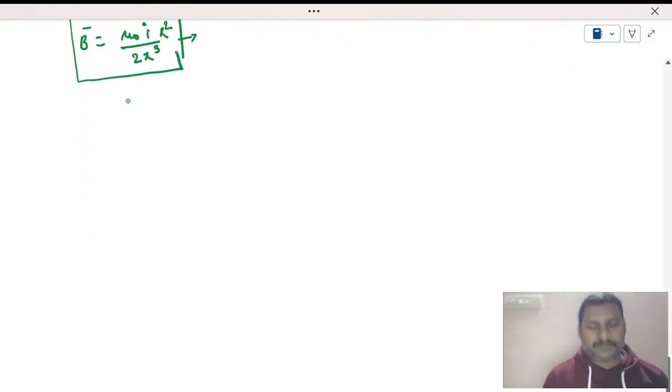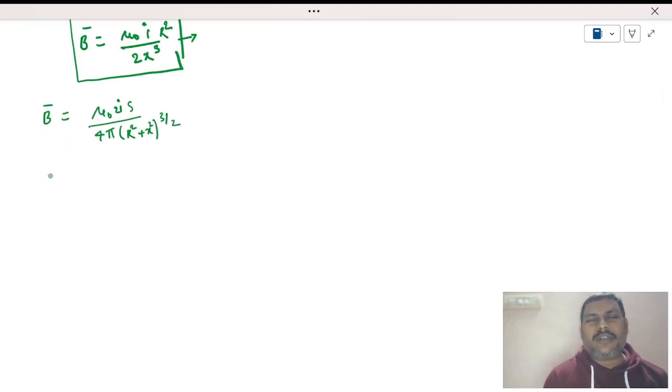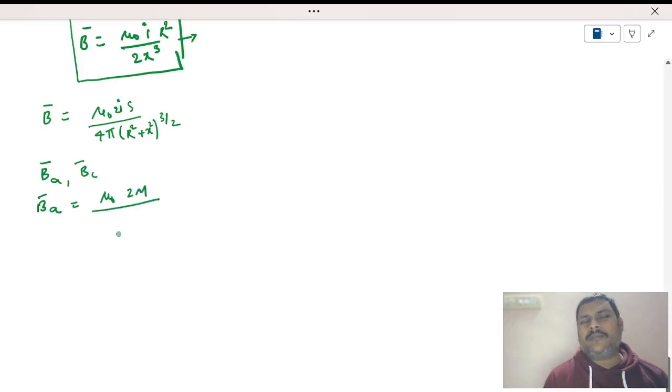You know very clearly that B due to the ring is equal to mu naught into 2IS by 4 pi into (R square plus x square) whole power 3 by 2. This I want to change into B axial and B center, the relation between B of axial and B of center. B of axial is mu naught into 2m by 4 pi into x cube.